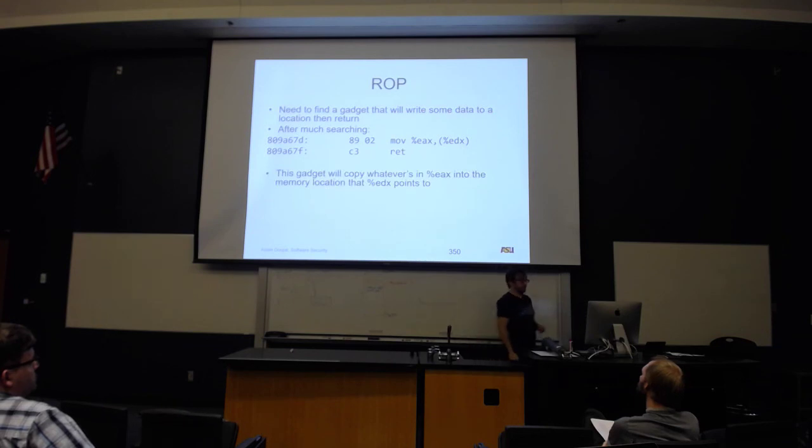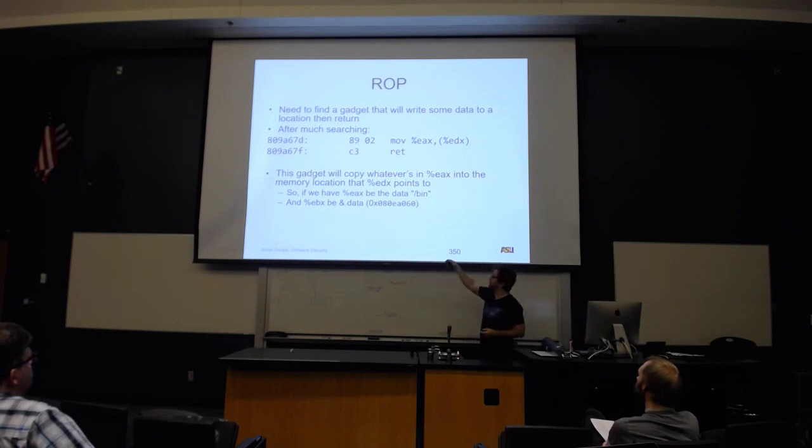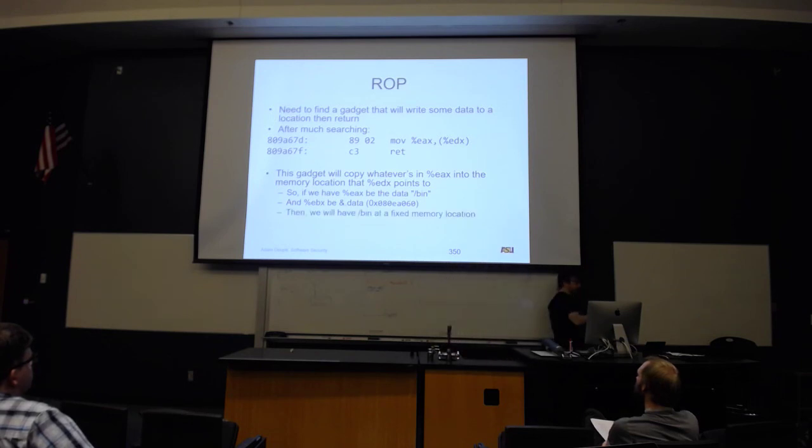Awesome. So if we can put /bin into EAX, that's 4 bytes, put the address of the data segment into EDX, and then trigger that gadget, then awesome, we write /bin.